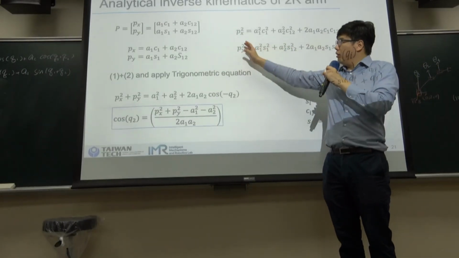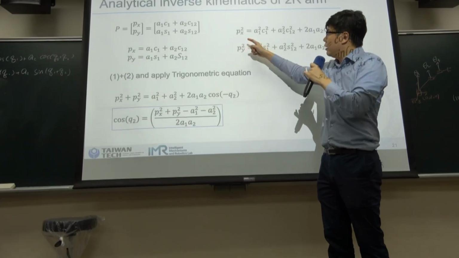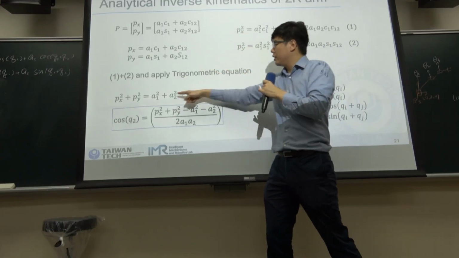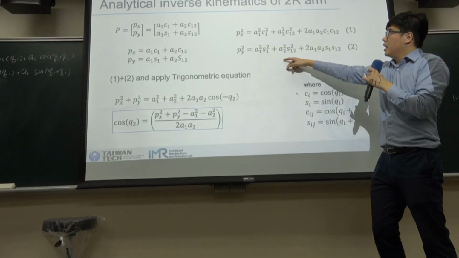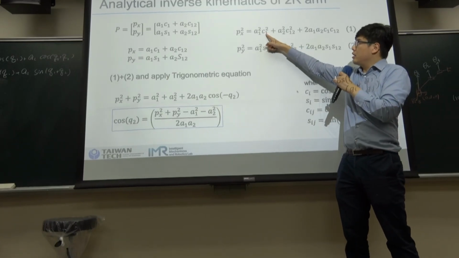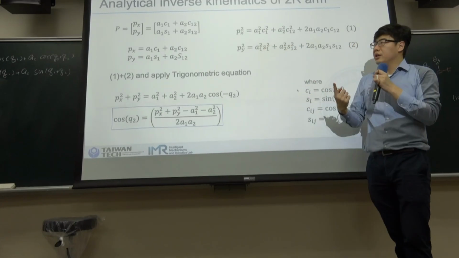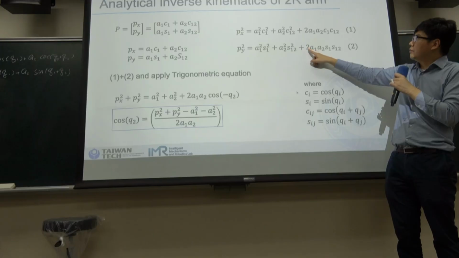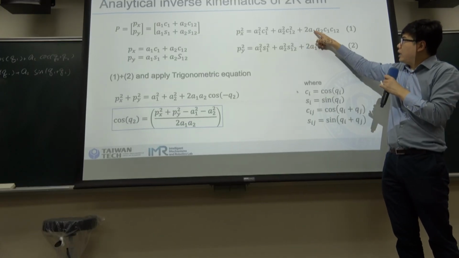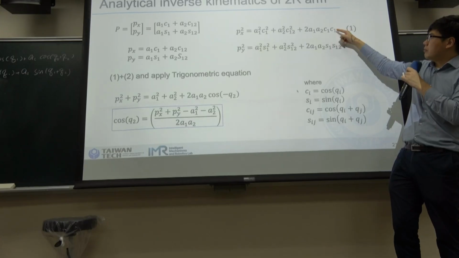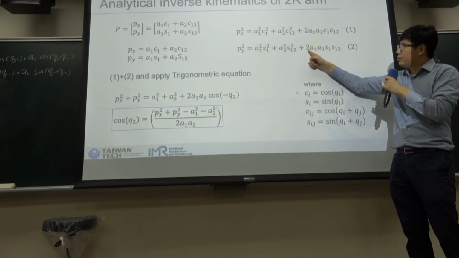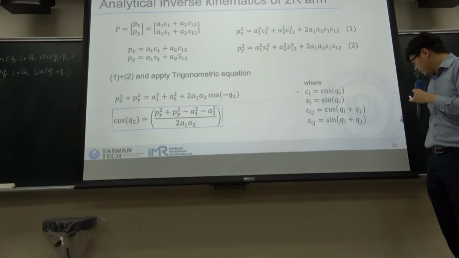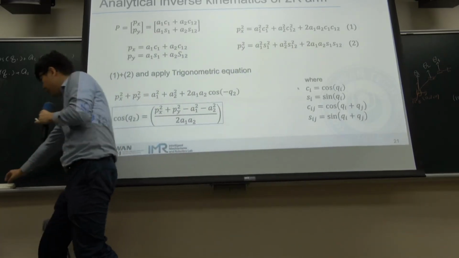On the right side we get Px squared plus Py squared. On the left side, because cosine squared plus sine squared is 1, it's A1 squared plus A2 squared, plus 2 A1 A2 cosine Q1 times cosine of Q1 plus Q2, plus 2 A1 A2 sine Q1 times sine of Q1 plus Q2.